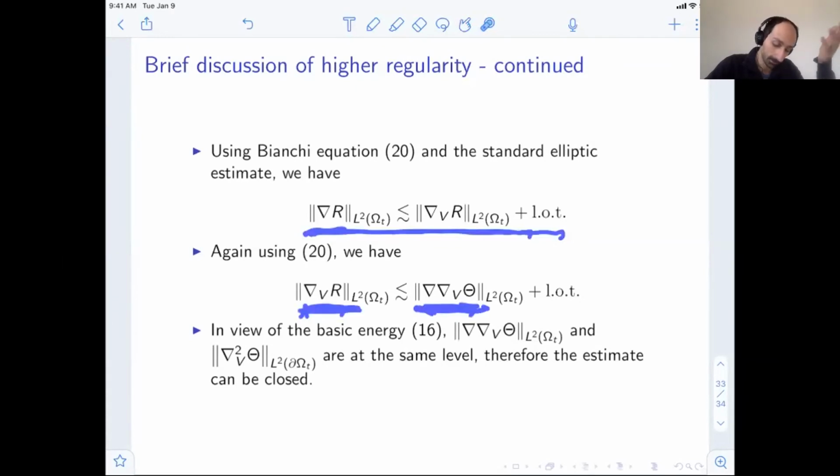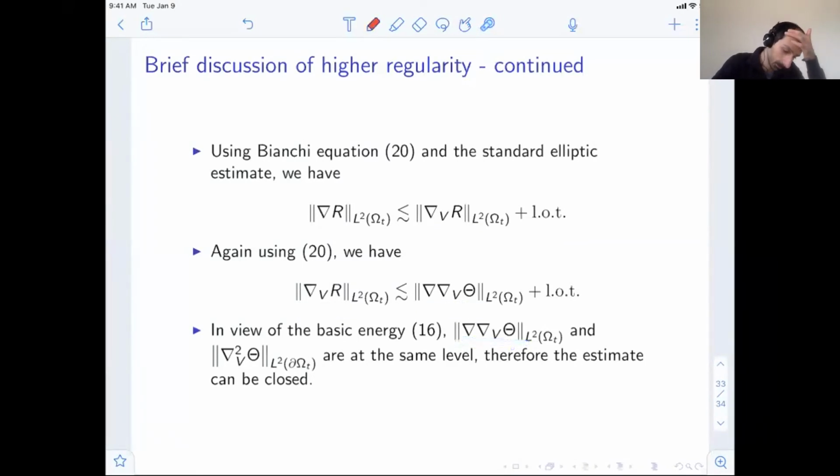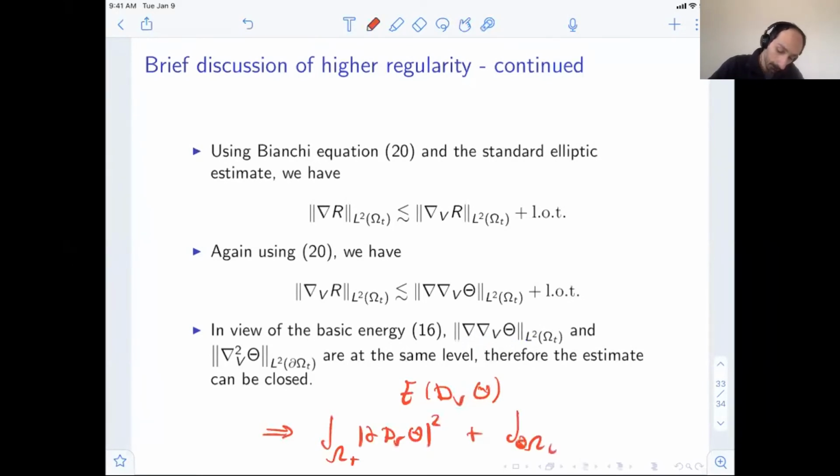There's no loss of regularity in this, because the basic energy for dv of theta gave me two things. Inside, it gave me one derivative of dv theta squared, and on the boundary, it gave me dv squared of theta squared. So I started off by trying to estimate this, and all I need was the interior part of this. And because of the time integration, I'm able to close this essentially.